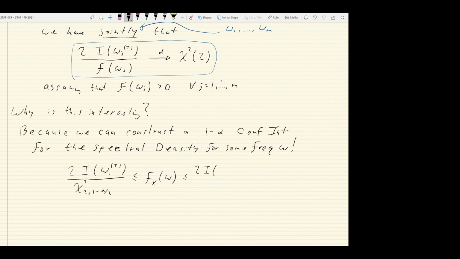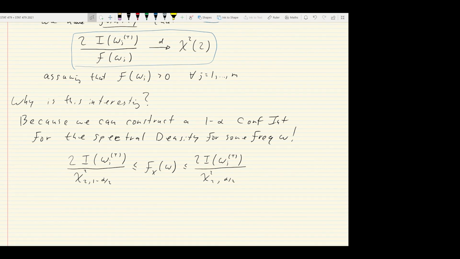2I(omega_j, T) divided by chi squared 2, alpha over 2. And this is for some chosen frequency, which is approximately omega. What we would want to do is pick the omega_j that's really close to omega.